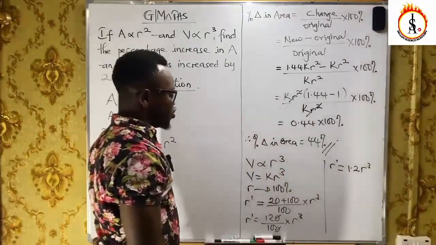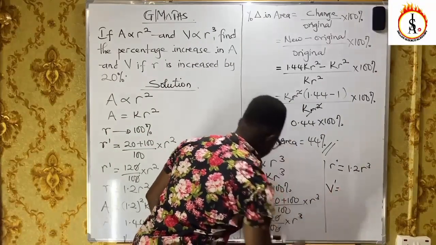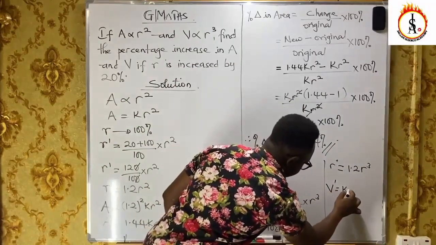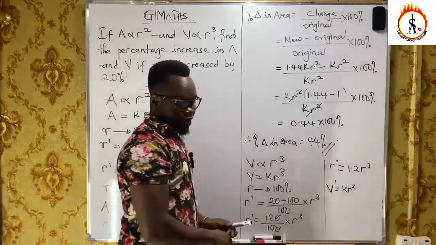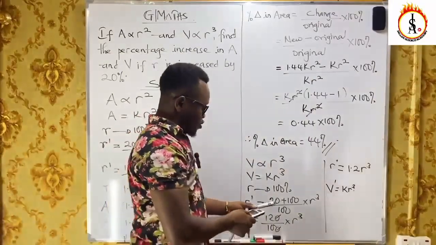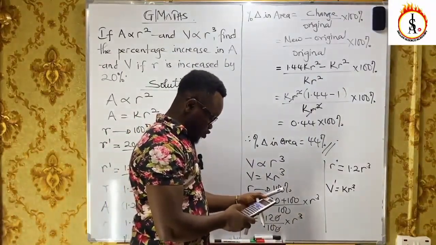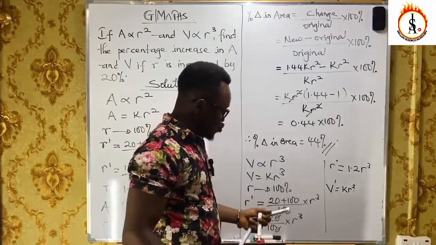So for us to get the new volume, which will be V prime, it will now be equal to KR cubed multiplied by, go for our calculator, 1.2 cubed. 1.2 cubed will give us 1.728.